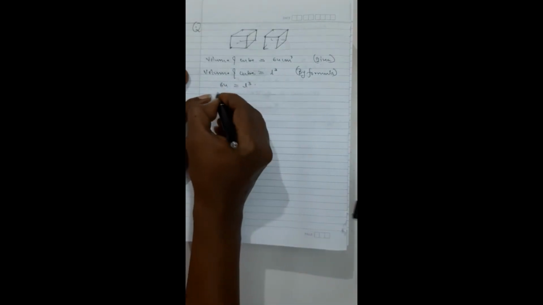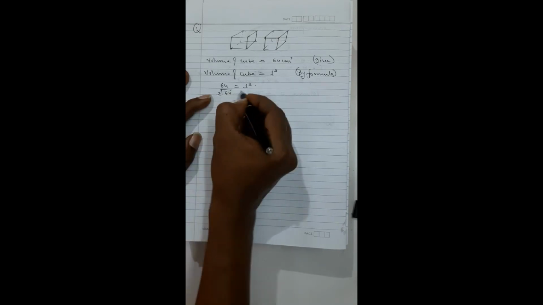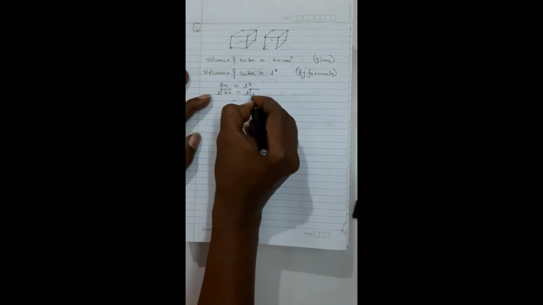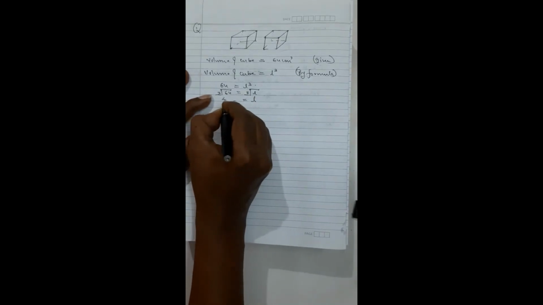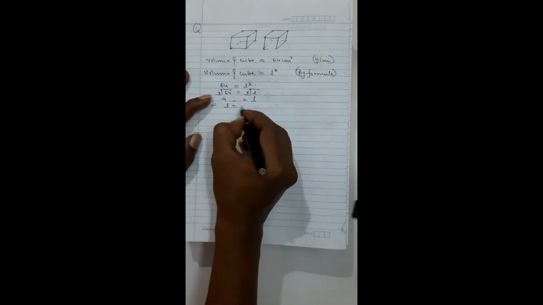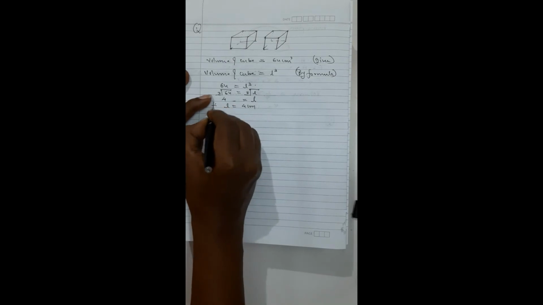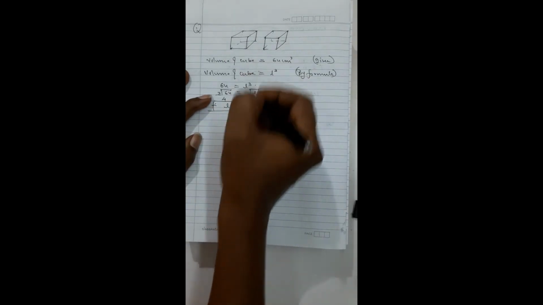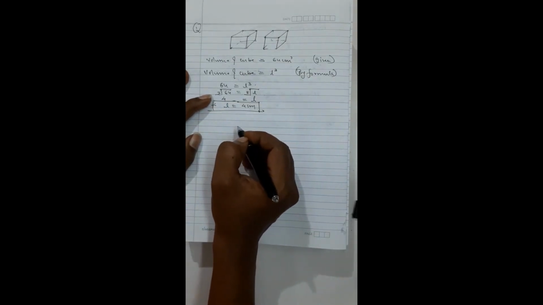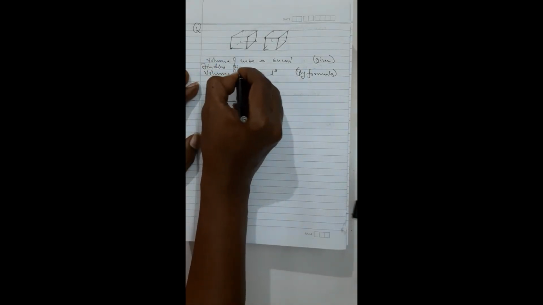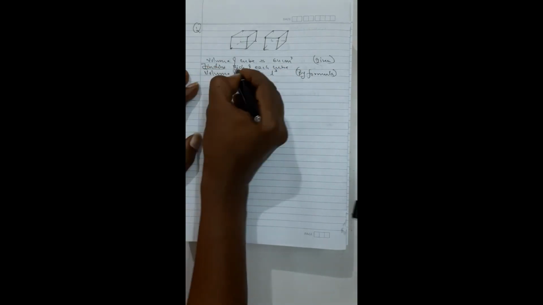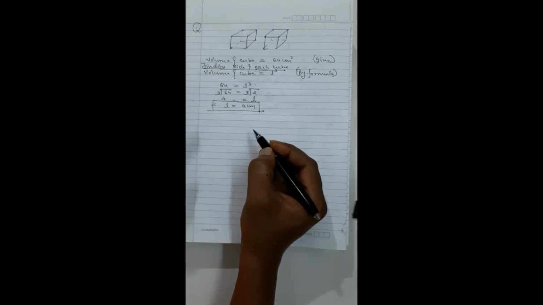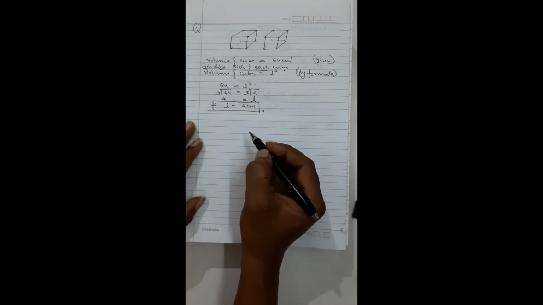I will have to take the cube root of both the sides. So I will get L is equal to 4. Therefore, L is equal to 4 centimeters. You could have written at the start, finding the side of each cube. This you should always write, my dear students, because it makes life easier for the person who is checking your paper.